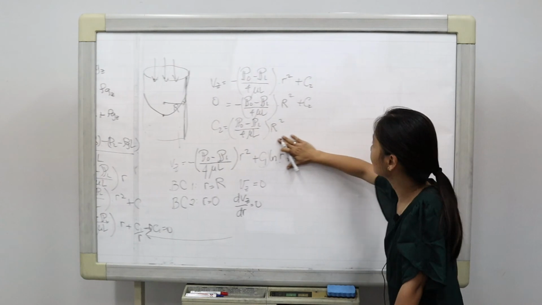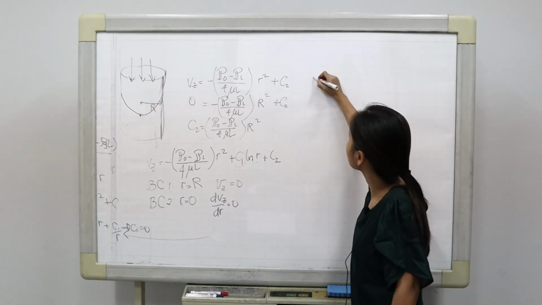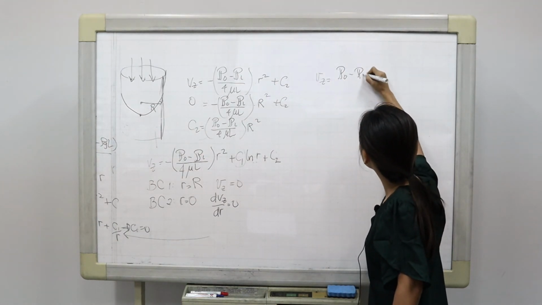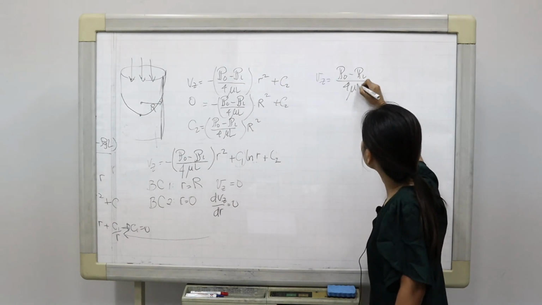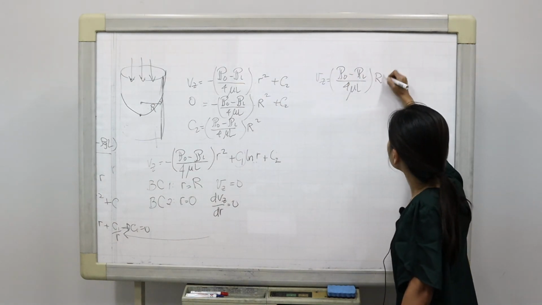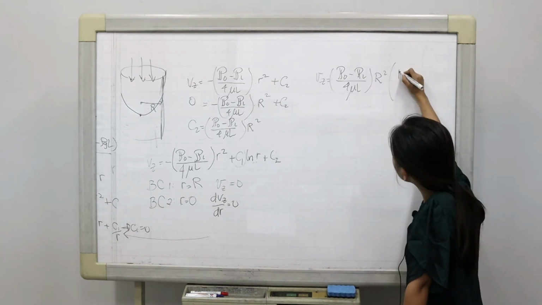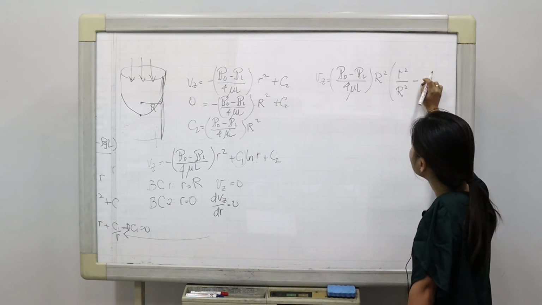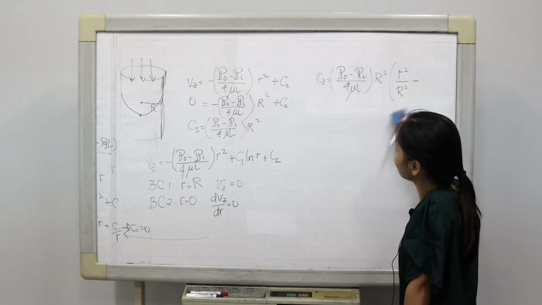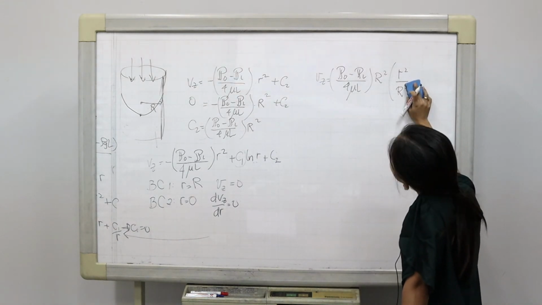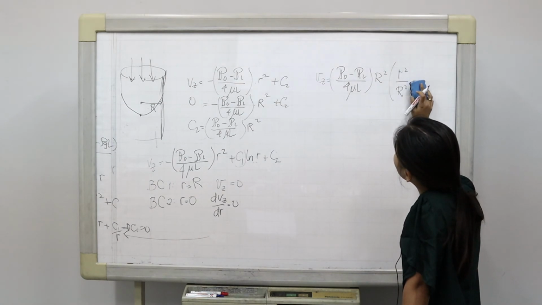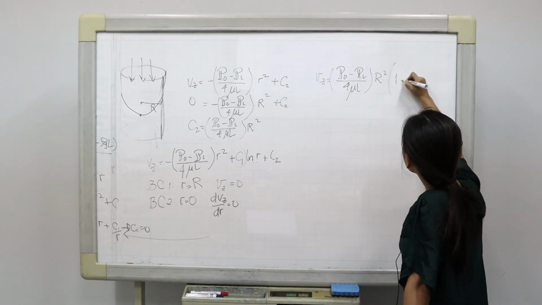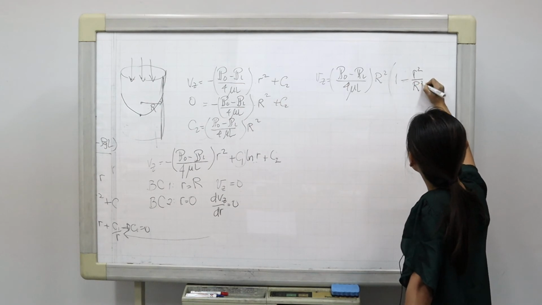Finally, from that equation we got Vz is V0 minus PL divided by 4 mu L, R square times R square divided by capital R square minus 1, which is 1 minus R square divided by capital R square.